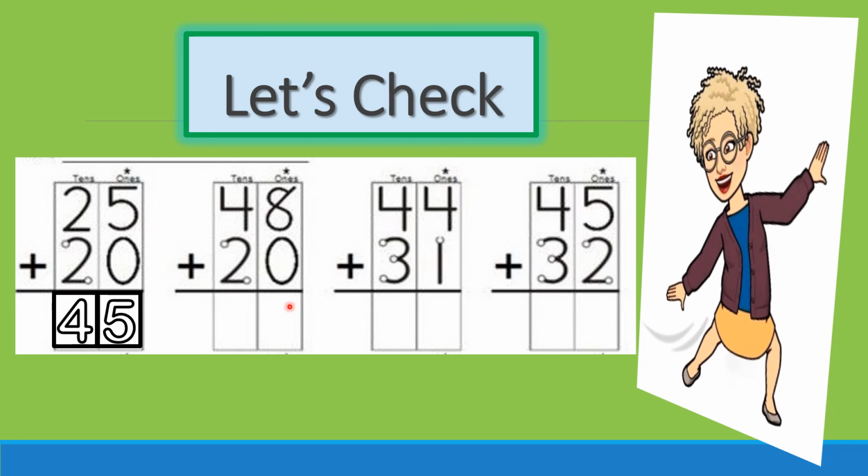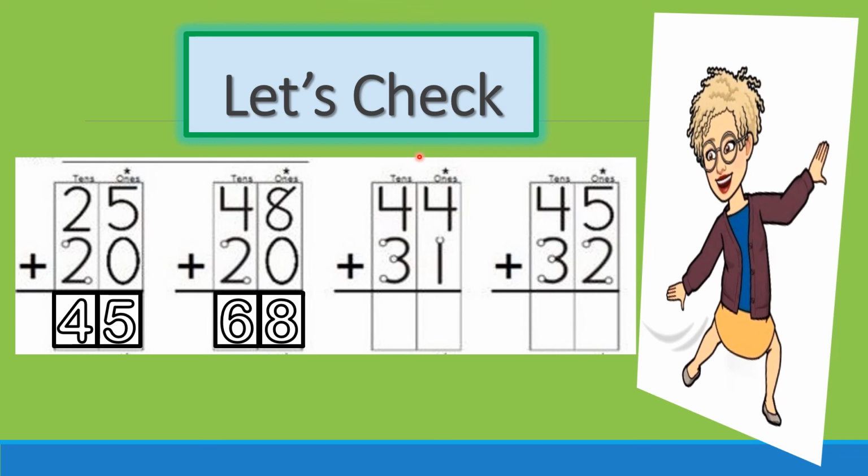So that means our sum here is 8. Then we're going to use the count on method here. 4, 5, 6. So the sum here is 6. That means then 48 plus 20 equals 68.